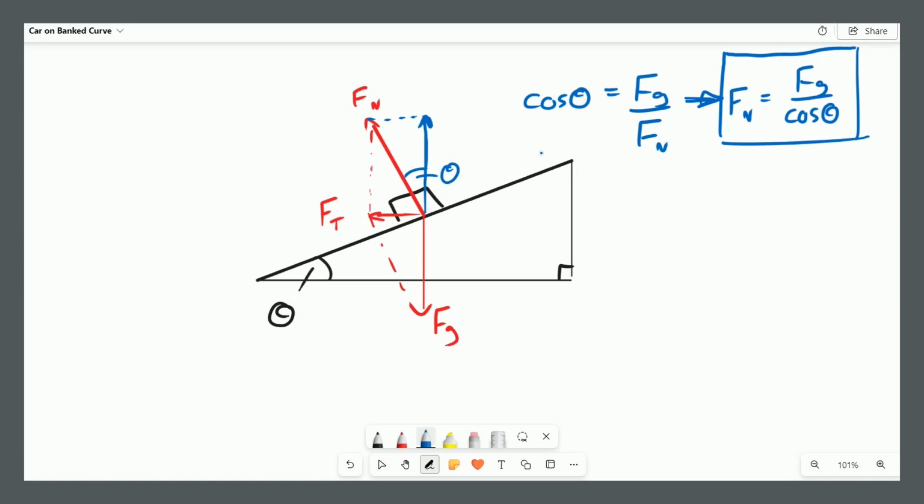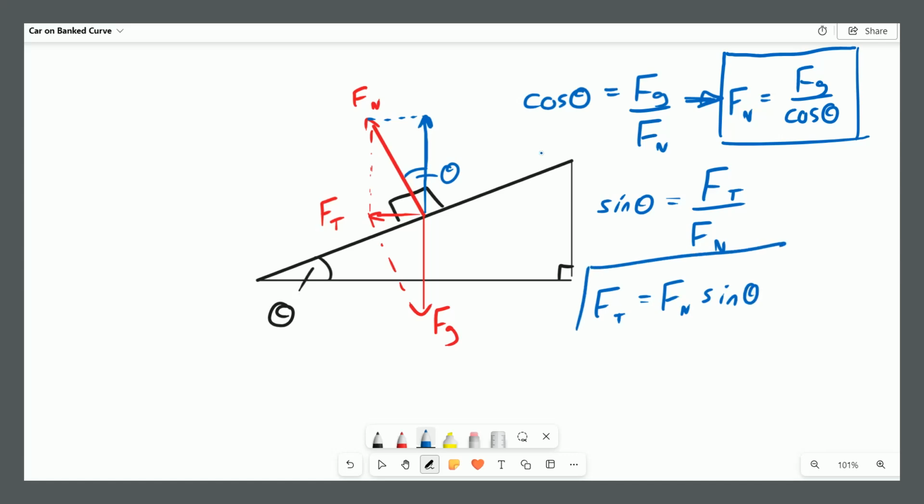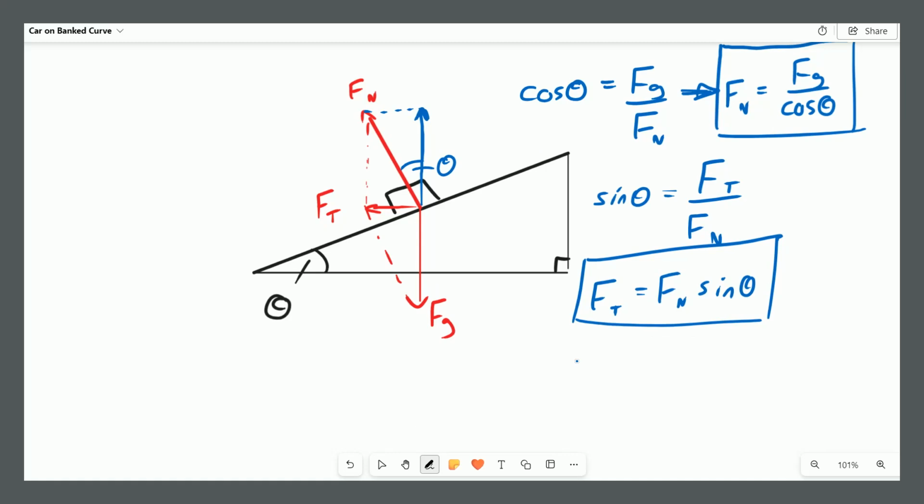Now, what if we take the sine of theta? Well, the sine of theta is equal to Ft over Fn. We can rearrange that to solve for Ft: Ft is equal to Fn sine theta. And combining these two formulas, if instead of Fn we put in Fg over cos theta, we get that Ft equals Fg over the cosine of theta times the sine of theta.